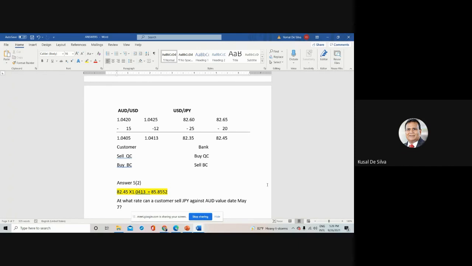When you go through this, you will understand the questions, and you will be very, very competent to handle this. Then after you get competent, try to teach somebody else how to calculate the cross rates. Then you will learn better. Any other questions?